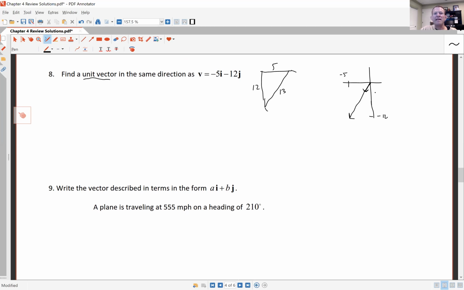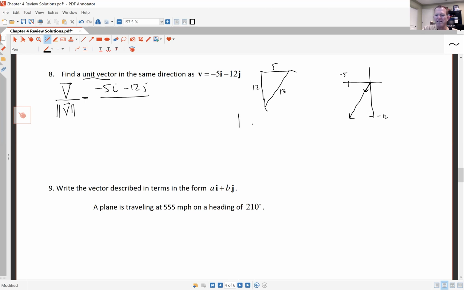And the way you make anything have length 1 is divide it by its length. If I have something that's 5 units long and I divide by 5, then it'll have length 1. And so this vector v, if we divide it by its length, it'll make the vector be in the same direction, but it'll have length 1, or be a unit vector. So we take negative 5i minus 12j and we divide by the length of v.